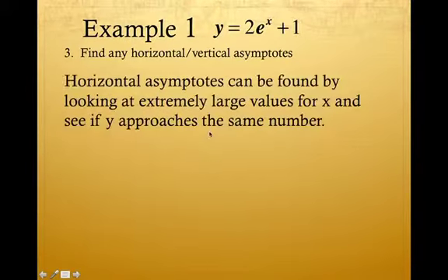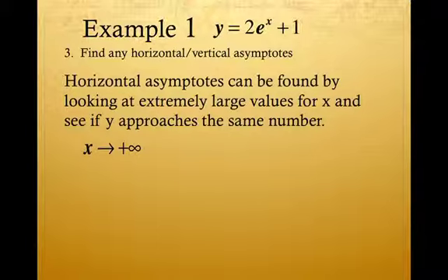Okay, so we'll move on to the horizontal asymptote. And the way we look at that, the horizontal, we look to see that our function, the graph of our function, sort of levels off at some number. It gets closer and closer and sort of looks very flat. And so what we do is we look at very large values of x, both positive and negative.